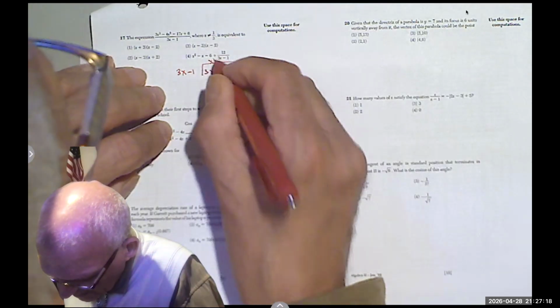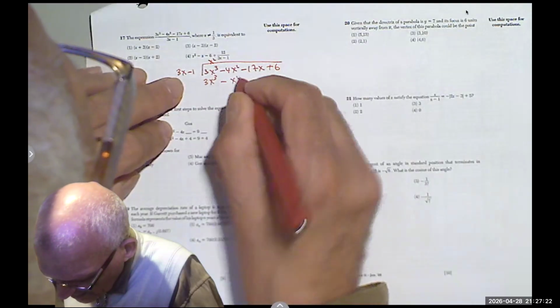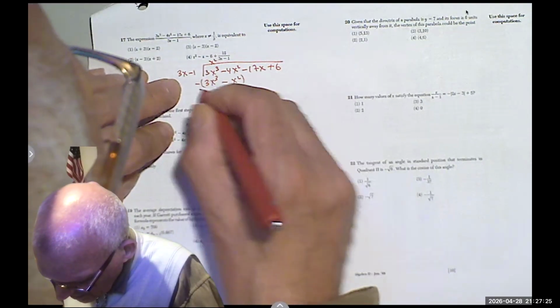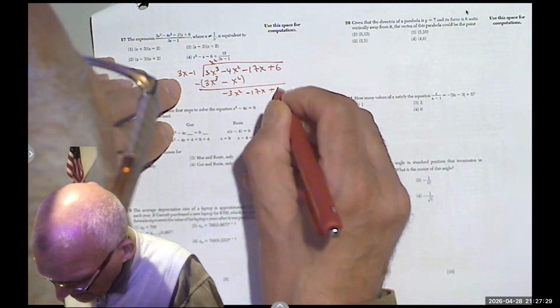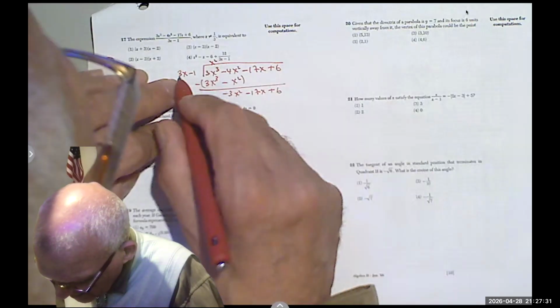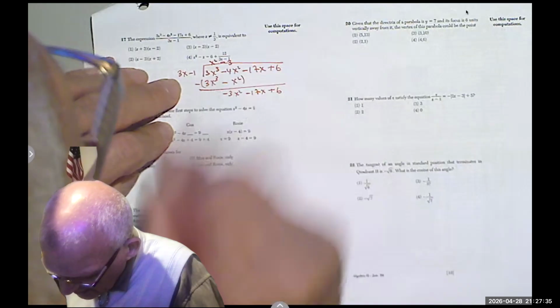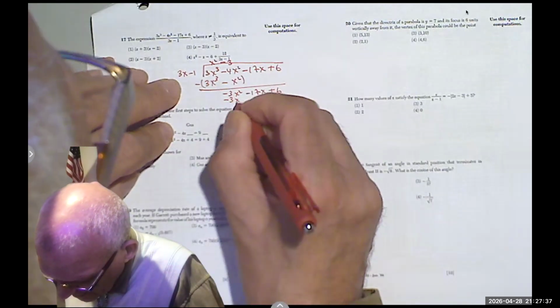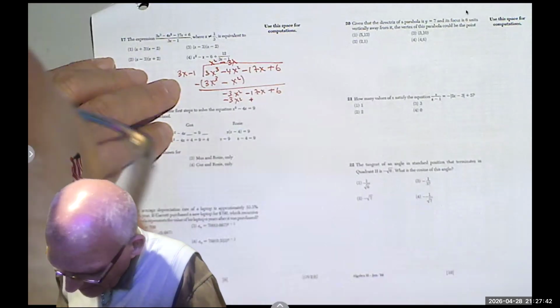You get x squared, that will give you 3x cubed minus x squared, and then you subtract those. So you get negative 3x squared minus 17x plus 6, divided by 3x, you get negative x.